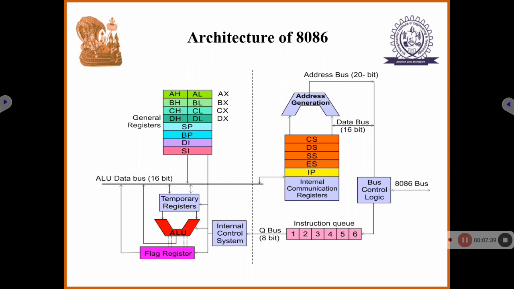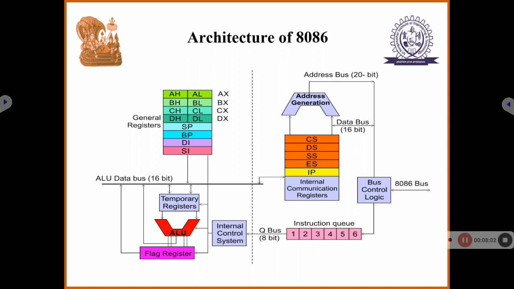In the program we can use AX itself, otherwise for 8-bit data fetching we can use AH or AL. In the same manner we can use it for BX, CX and then DX. So these are all the registers available here.